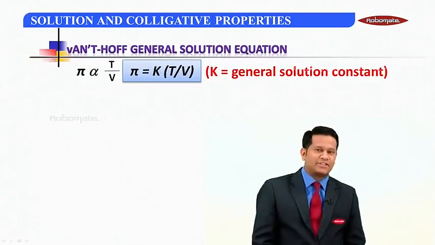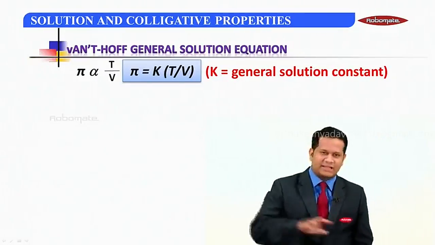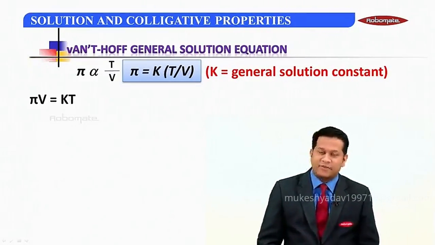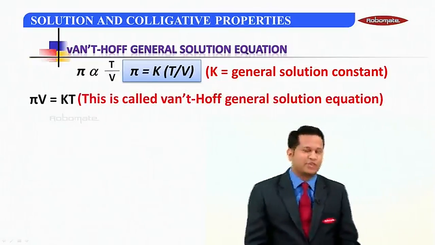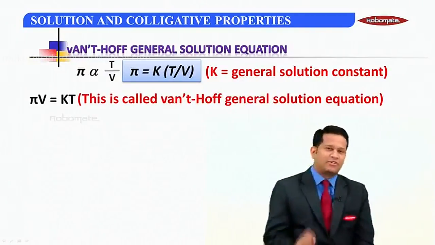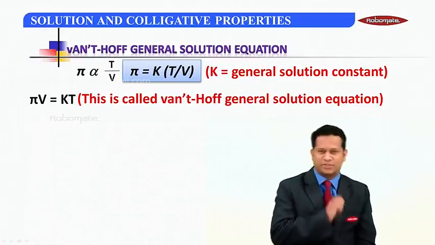Rearranging, pi V equals KT. This is called the Van 't Hoff general solution equation.